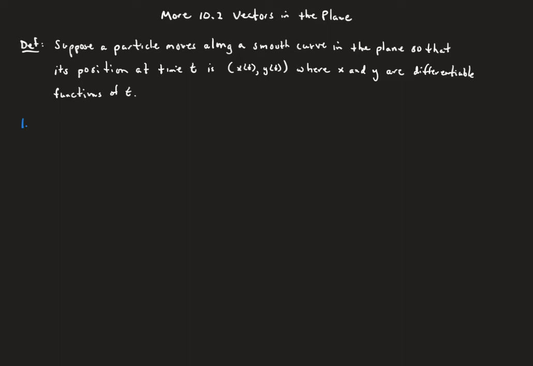So first we're going to say the particle's position vector. This particle that we are talking about, the particle moving along a smooth curve in the plane, and its position, we can think of it in terms of parametrics, is x of t, y of t. And so the particle's position vector is going to look exactly the same. The particle's position vector, I'm going to call r of t.